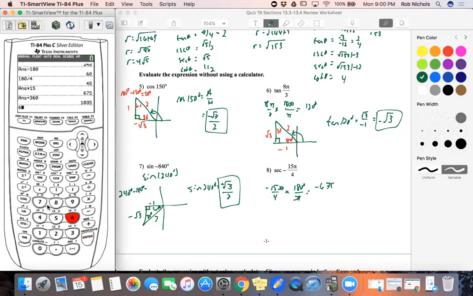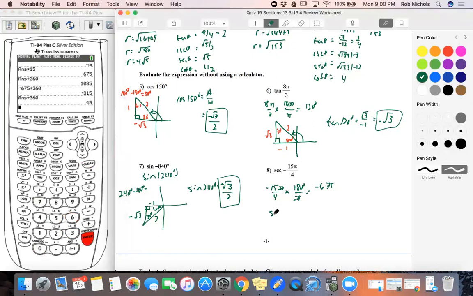So negative 675, because that's what I got there, plus 360, plus another 360, and that's going to give me 45 degrees. So this is equivalent to the secant of 45 degrees. If I draw that here, here's that angle, 45 degrees, 45 degrees, 1, 1, square root of 2. Secant is 1 over the cosine, so we have hypotenuse over adjacent. Hypotenuse is the square root of 2 over 1, square root of 2.